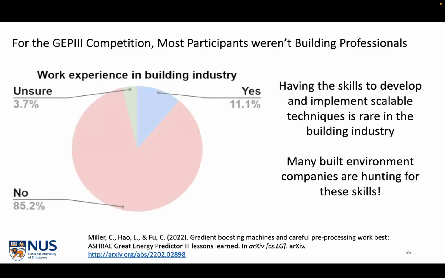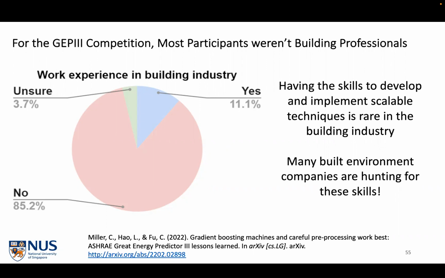One really telling part of the Great Energy Predictor competition was that because it was on Kaggle, basically the user base of Kaggle were the main participants in the competition. So people who had building industry experience were only roughly 15% of the contestant pool.